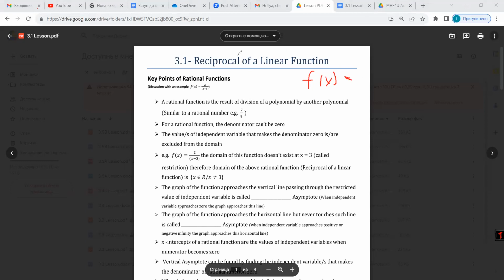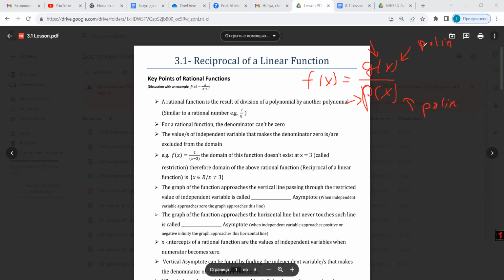For example, f of x would be a rational function if it is represented in the form of a fraction, for example, g of x over p of x, two different functions that are both polynomials, numerator as well as denominator. Okay.